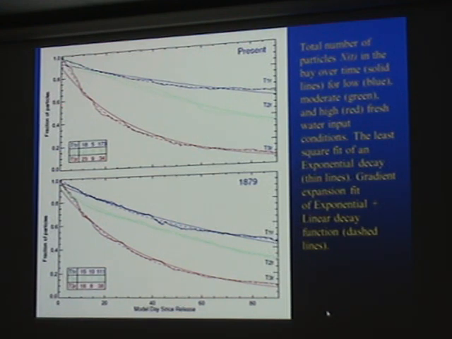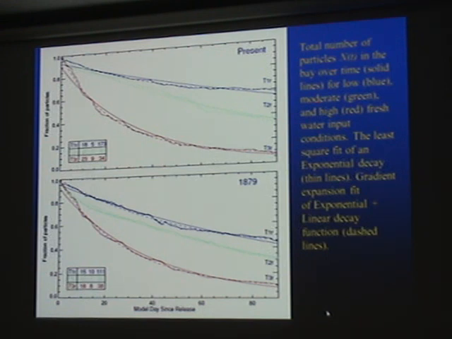The wiggly solid line is the number of particles as a percent or a fraction of the total number of particles introduced into the bay over time. This is a 90-day period. And then we have two functional fits. One's a straight exponential decay given by the solid line.